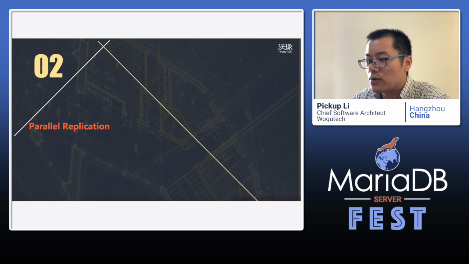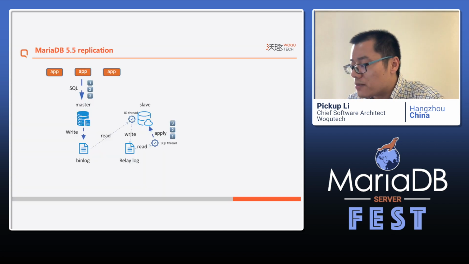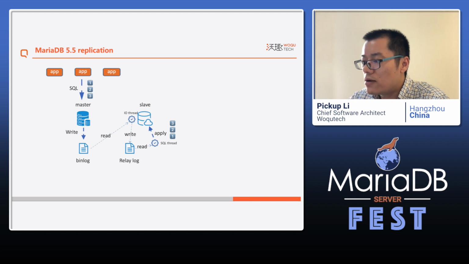Let's look at parallelized replication. Before 5.5, MariaDB only had one SQL thread on the slave to apply SQL statements. That means that the transactions execute one by one on the slave.